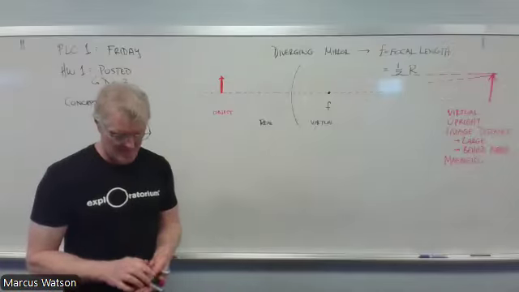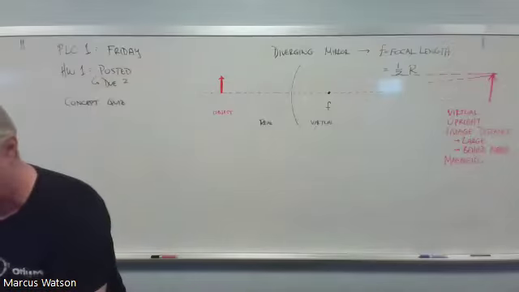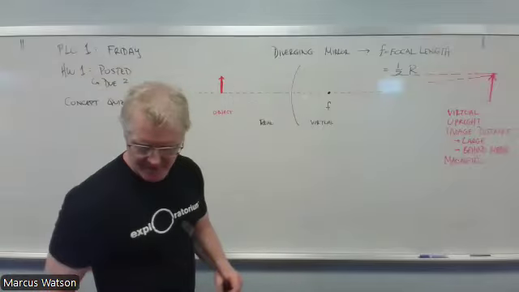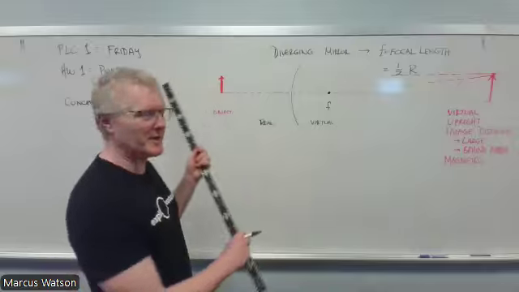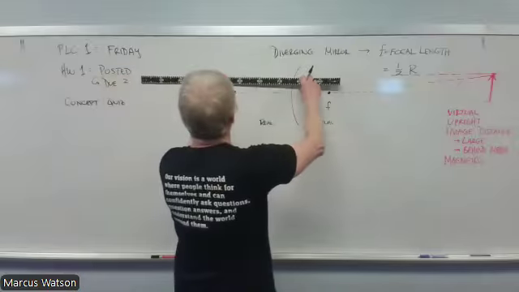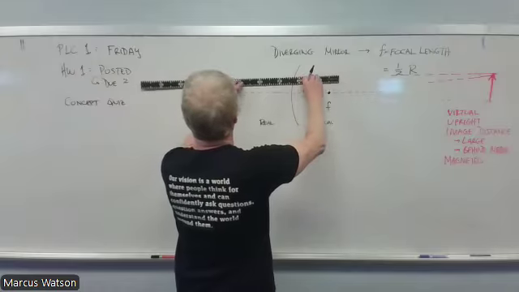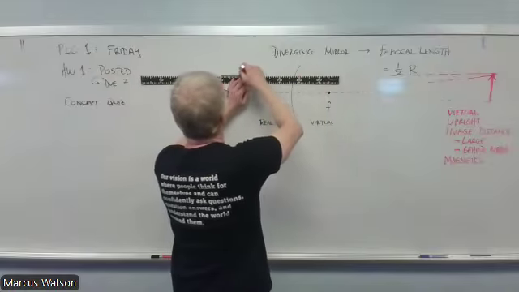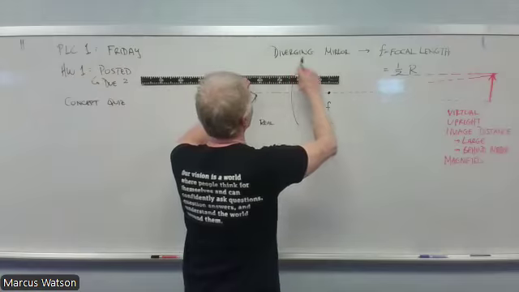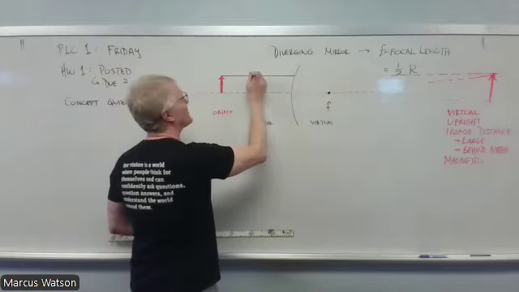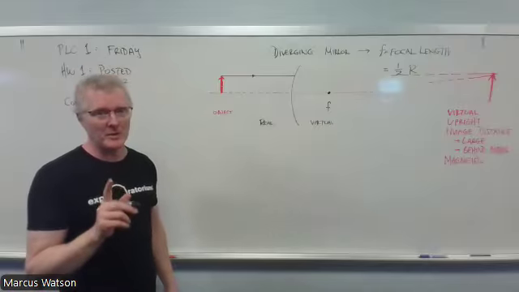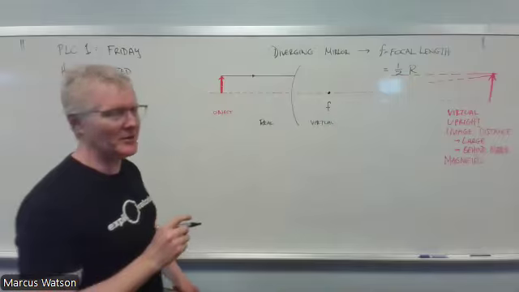Ray number one. Good old ray one. I'm such a huge fan of ray number one, and I think you will be too when we talk about some of the properties of ray one. You probably haven't yet noticed the awesome amount of information that ray one gives you, but you will.